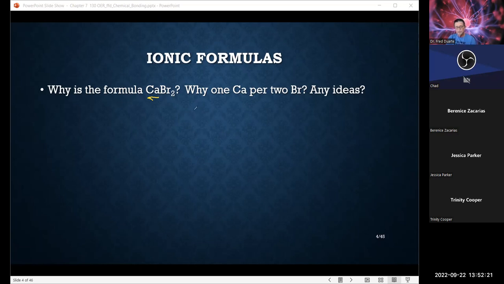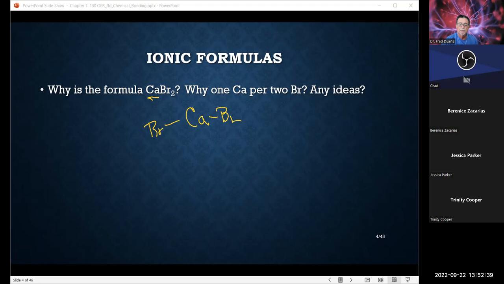And so one way to look at this is we have calcium here in the middle, and then bonded to that we have, actually more attracted to it, but I'm gonna put a line there just to represent.